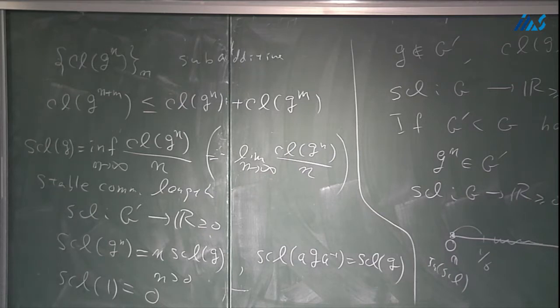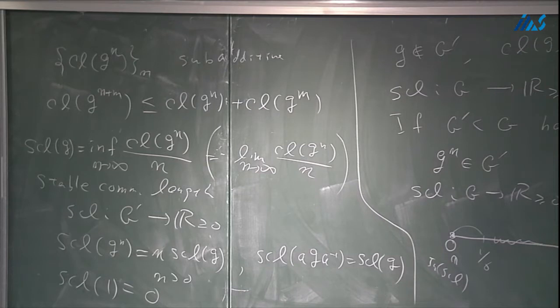This is only for SL_n(Z), but for any other lattice in higher rank it is also known that stable commutator length vanishes. First of all, for this one, it's a theorem by, I think, Matsushima, that the commutator subgroup has finite index. And this one is a theorem by Burger-Monod.